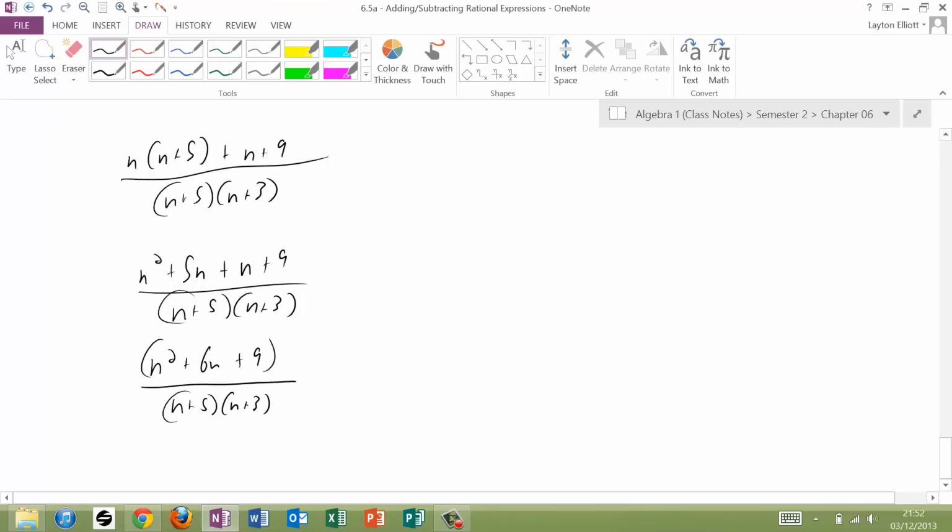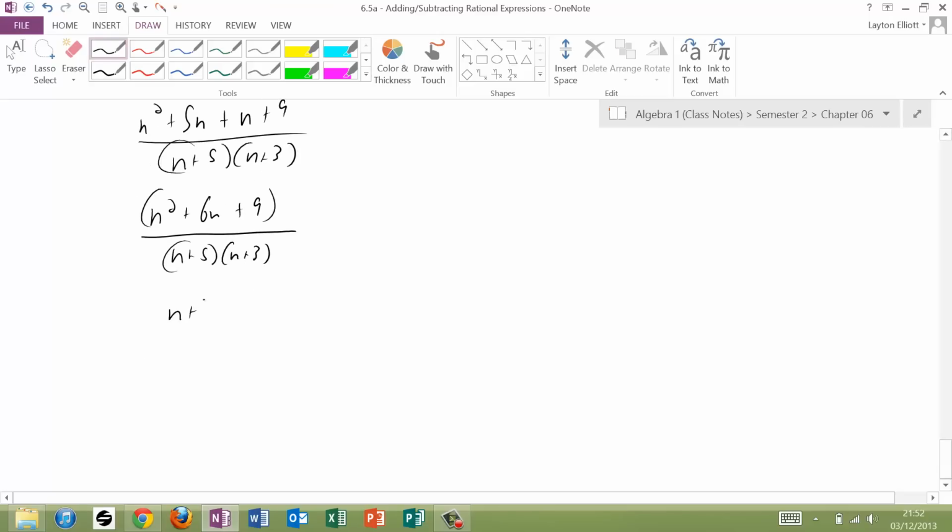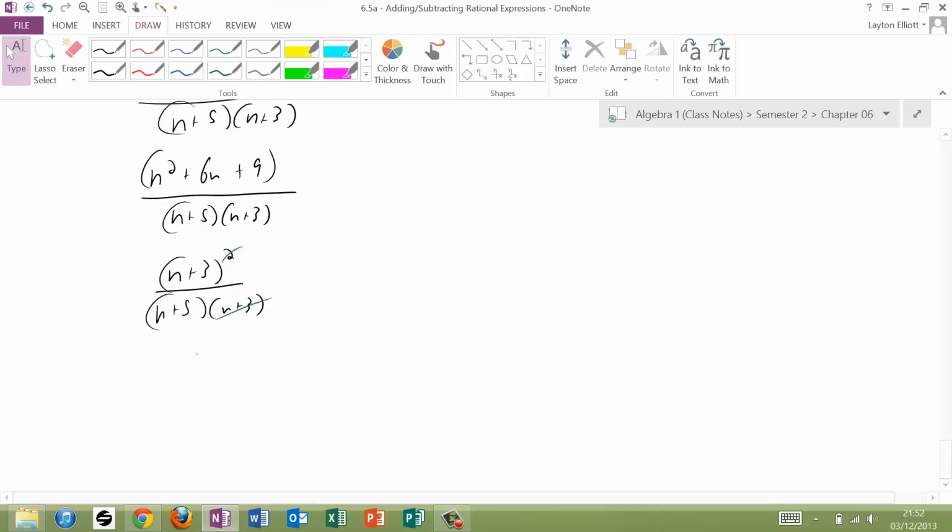Well, that numerator can factor. That factors into n plus 3 times n plus 3, or n plus 3 squared over n plus 5 times n plus 3. So one of my n plus 3's is going to go, and my final is n plus 3 over n plus 5. Believe it or not, we are done.